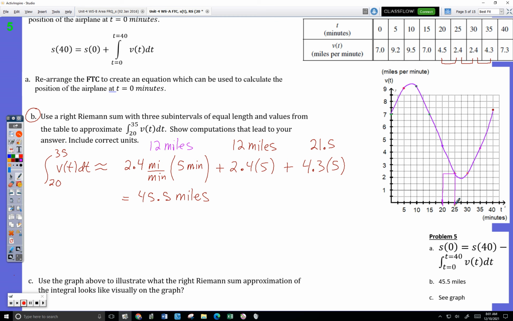Then we would go to the next subinterval, 25 to 30. That height is the same. And we go from 30 to 35. The height now jumps up to 4.3.